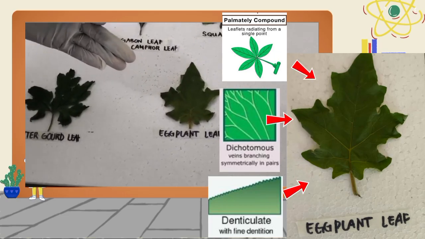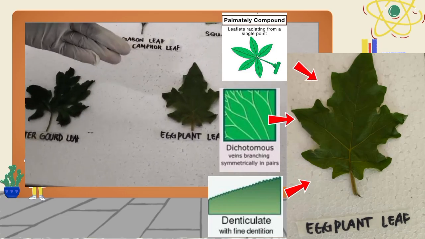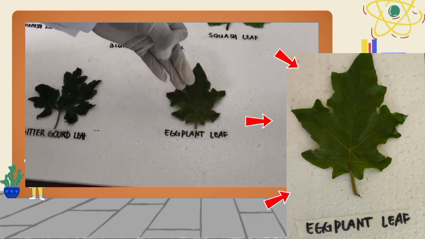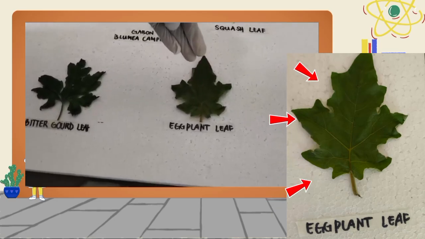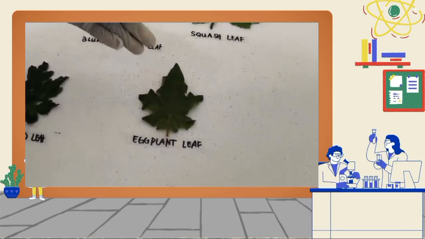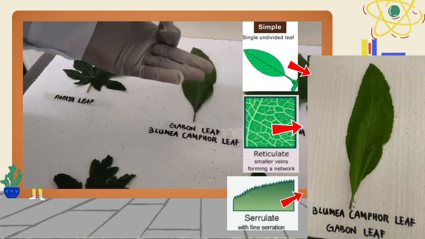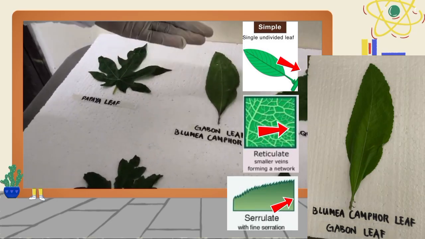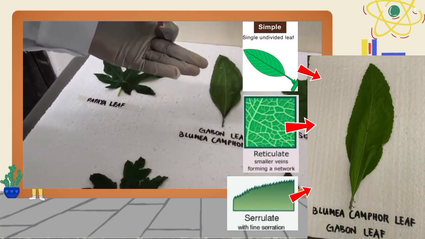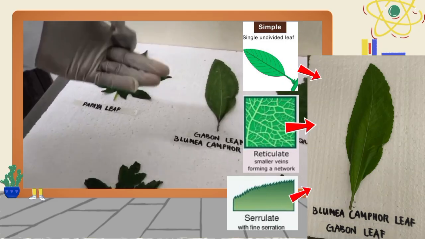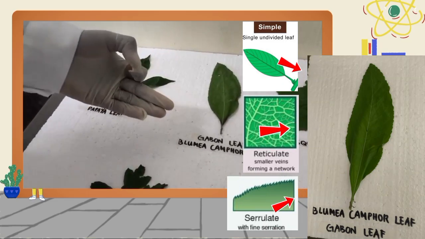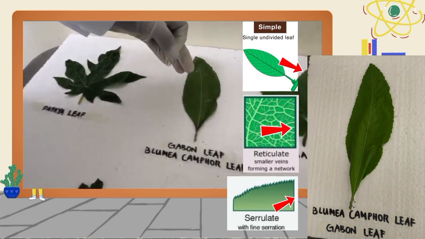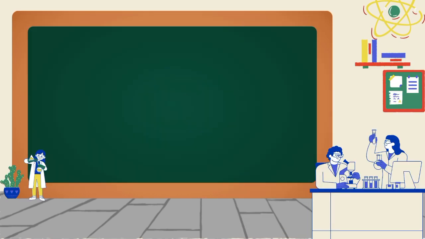The color is light green, and it has a rough part on some portions of this specimen. And the fifth one, we have the Plumeria camphor leaf, known as the Gabon leaf. Gabon leaf has a leaf type of simple, a venation of reticulate, and a margin of sinuate, and it is light green, and has hair on some parts of this specimen.